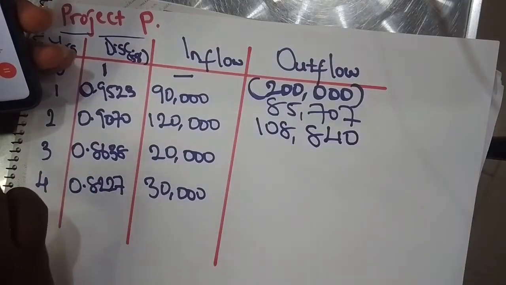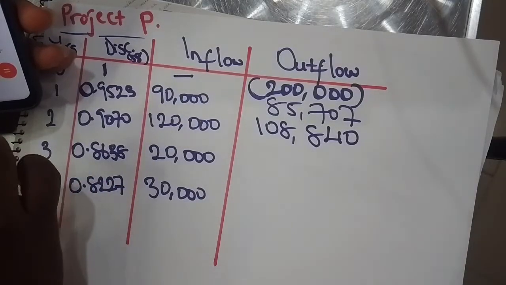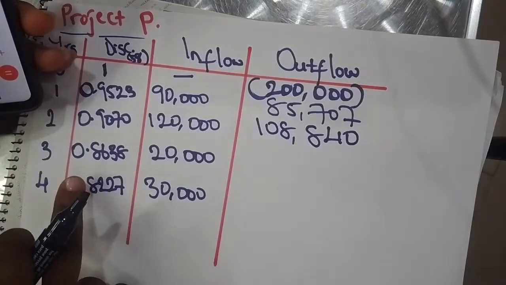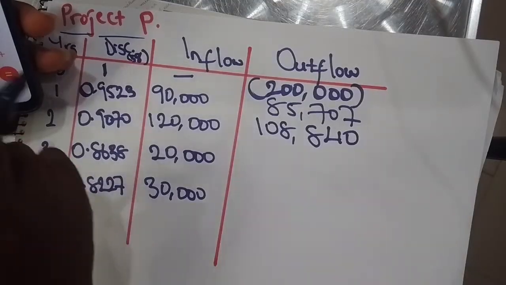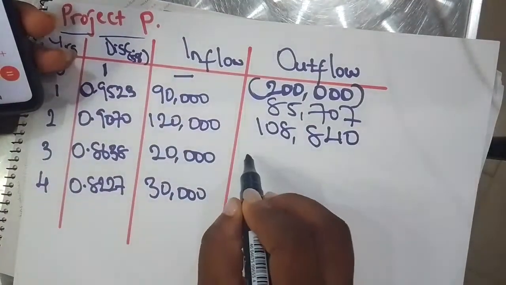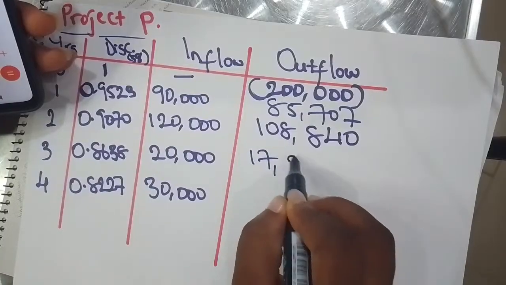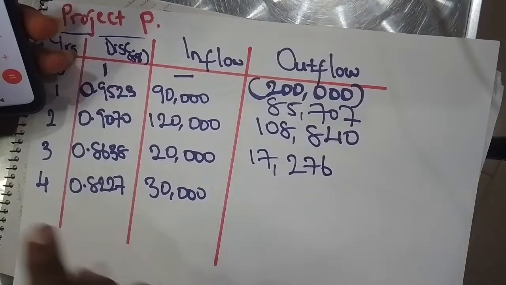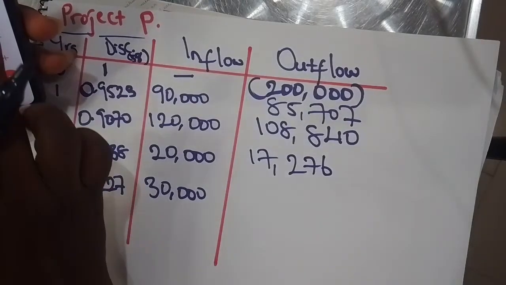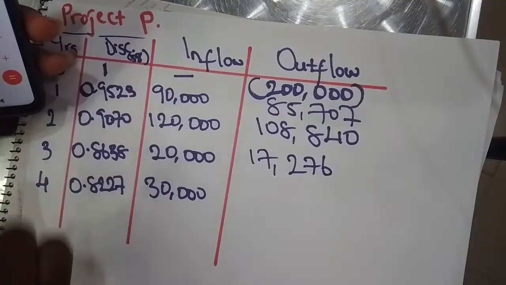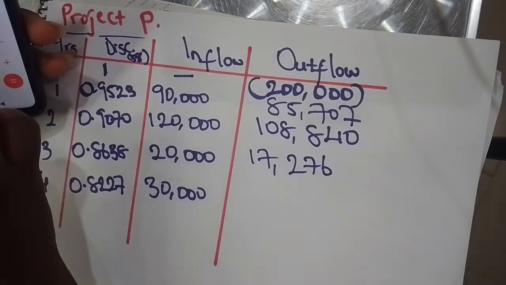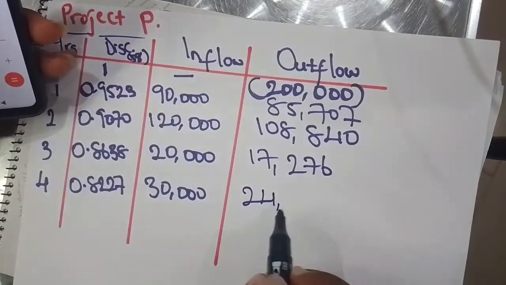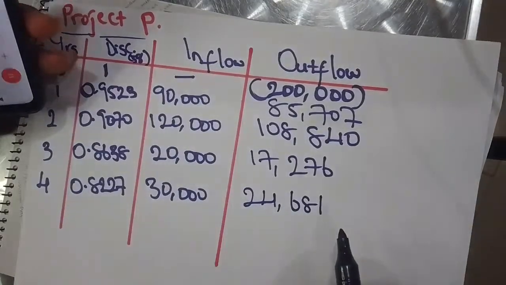Year three, 20,000 times 0.8638 is 17,276, and then the final year, 30,000 times 0.8227 is 24,681.